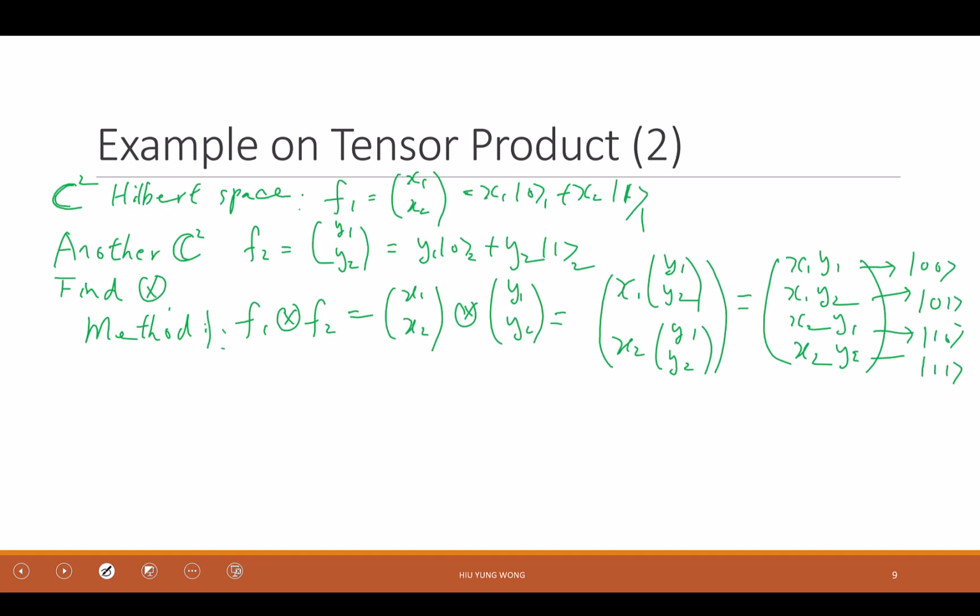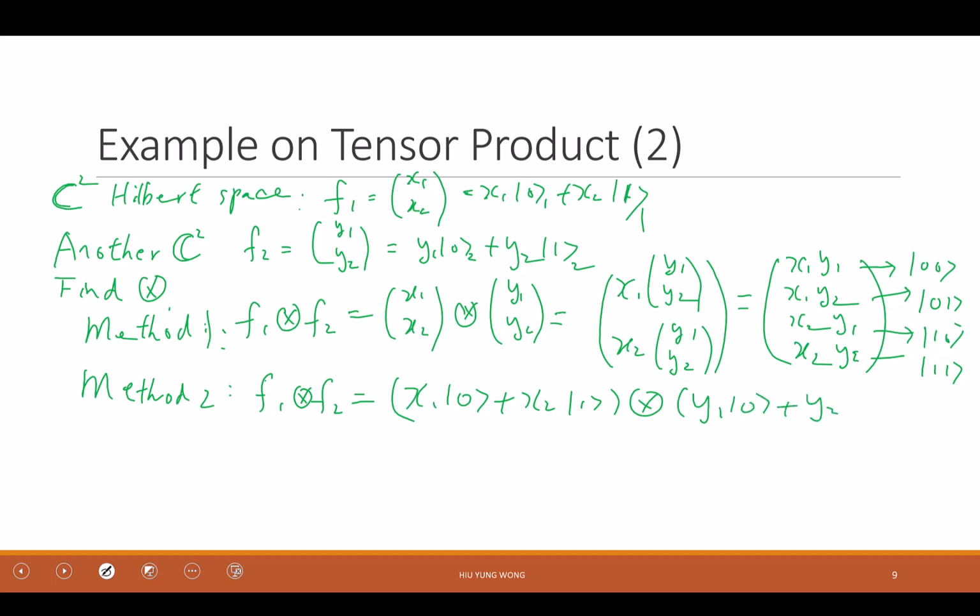So that's a way. This is method 1. But we can use the traditional method also, method 2. We just use F1 tensor product F2 equals x1 |0> plus x2 |1>, I skip the subscript, the whole thing tensor product y1 |0> plus y2 |1>, I skip the subscript also.